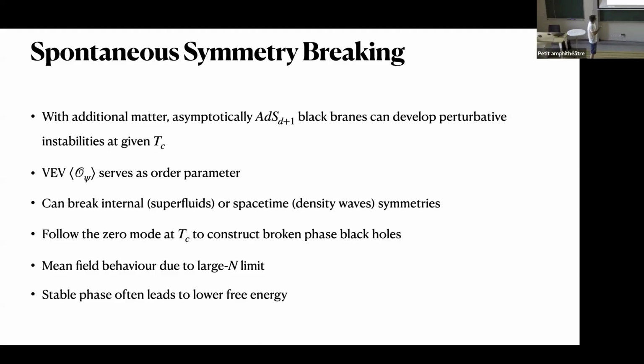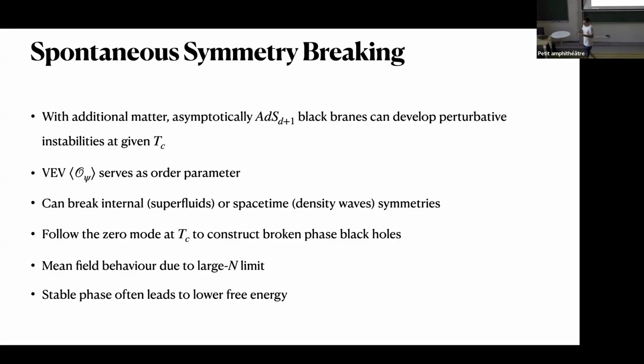So with additional matter, these black branes that we have been discussing can develop perturbative instabilities. As I lower the temperature, some of these scalars, vectors, or whatever extra I have can become dynamically unstable, perturbatively unstable. The perturbation that becomes unstable can also be breaking some other symmetries. It can be internal symmetries, it can be spacetime symmetries.